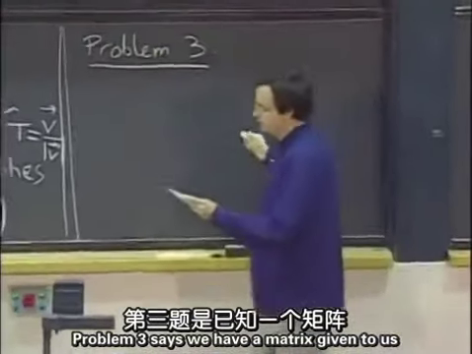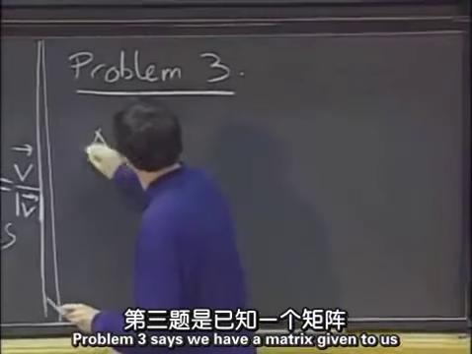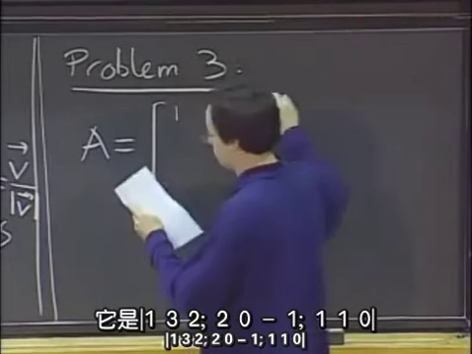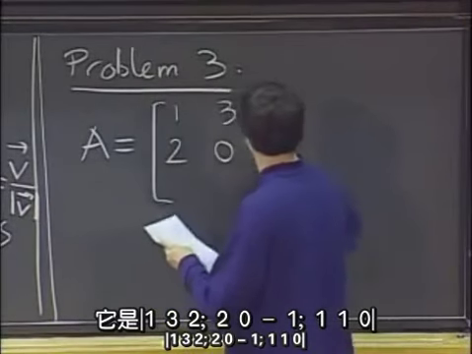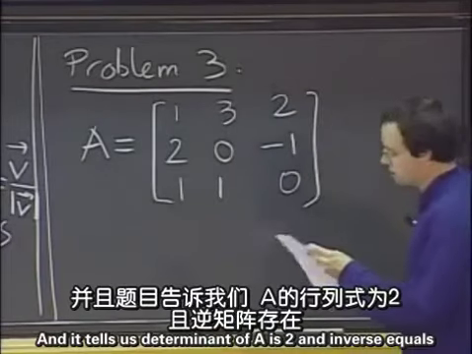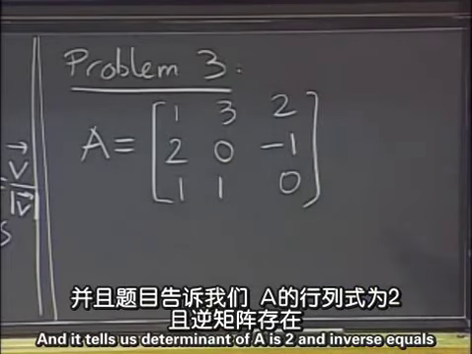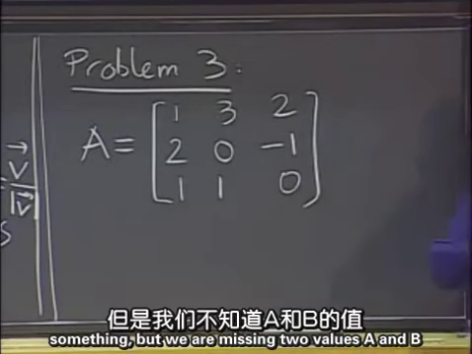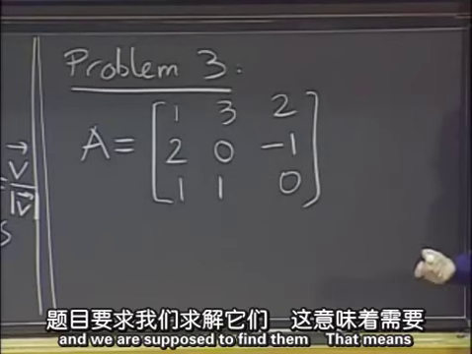Problem 3 says we have a matrix given to us, 1, 3, 2, 2, 0, minus 1, 1, 1, 0, and it tells us the determinant of A is 2, and A inverse equals something, but we're missing 2 values, A and B, and we're supposed to find them.